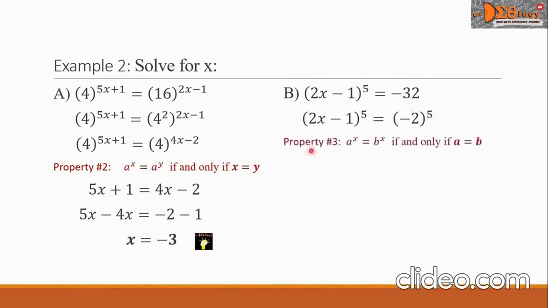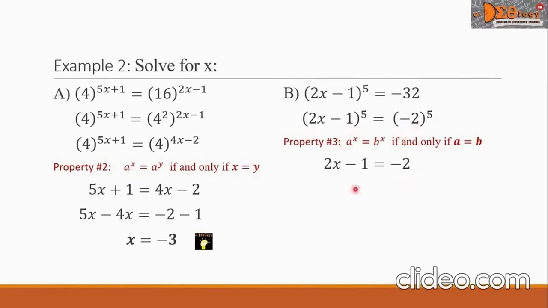So according to property number 3, a raised to x equals b raised to x if and only if a equals b. It means to say, we can now copy the bases of the left side and the right side respectively. Thus, 2x minus 1 is now copied here, equal to negative 2.